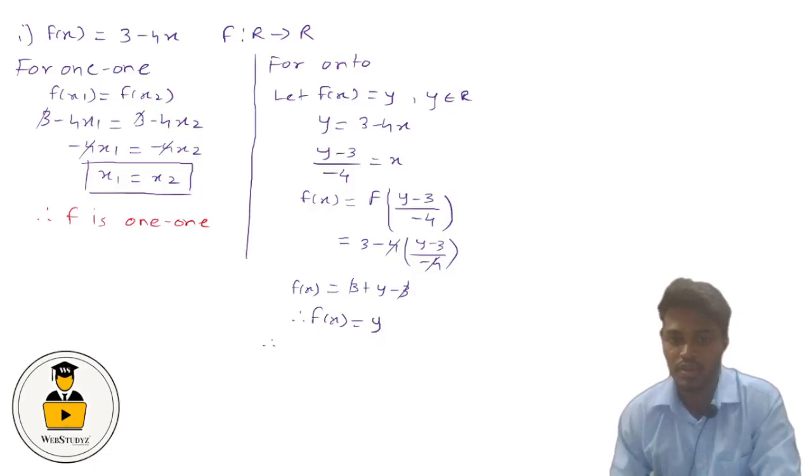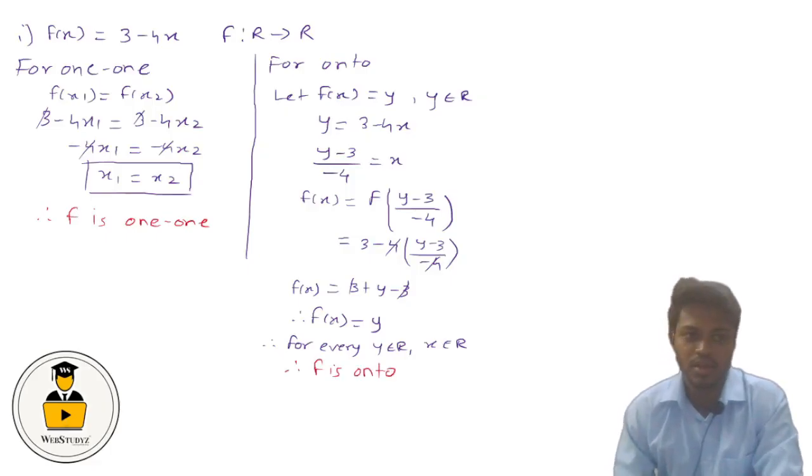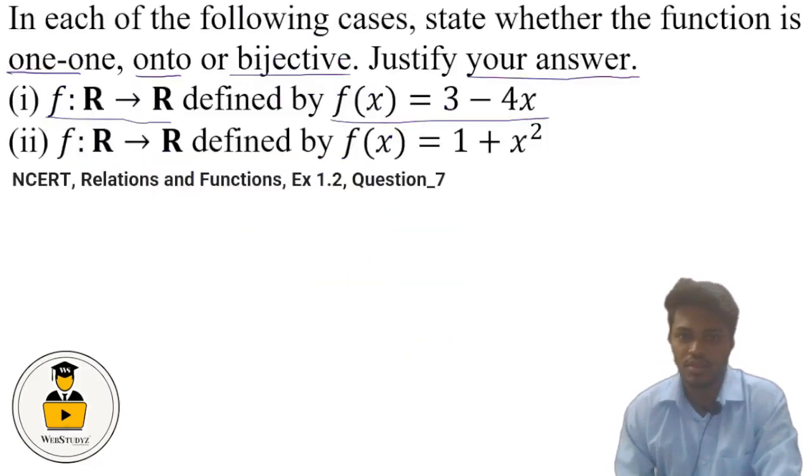So we can say that for every y belongs to R, there exists x belongs to R. Since this condition is satisfied, f is an onto function. So the first function is one-one as well as onto.